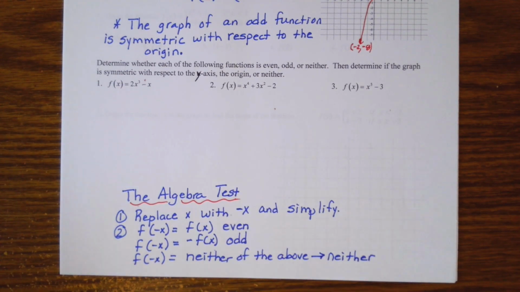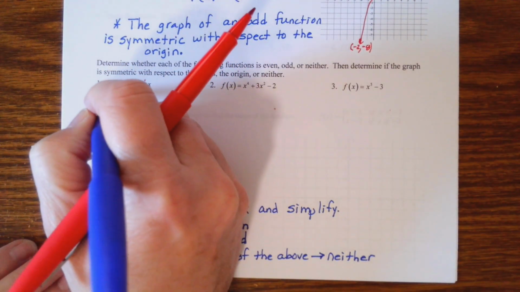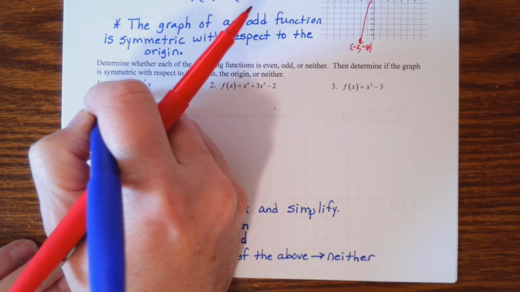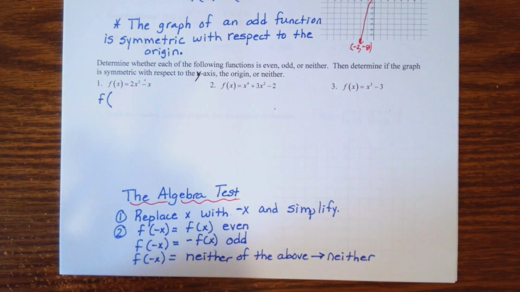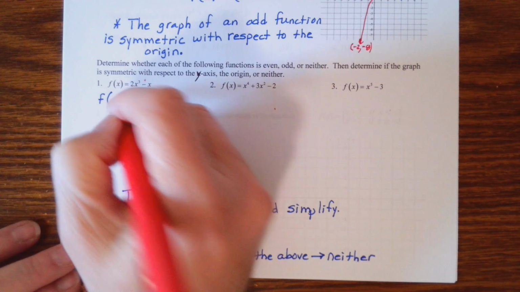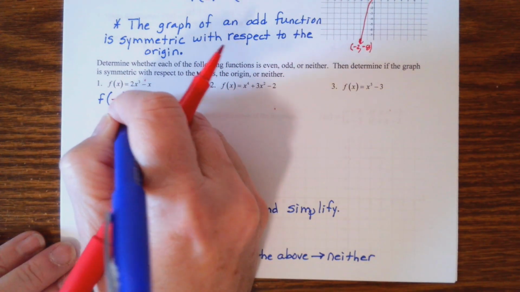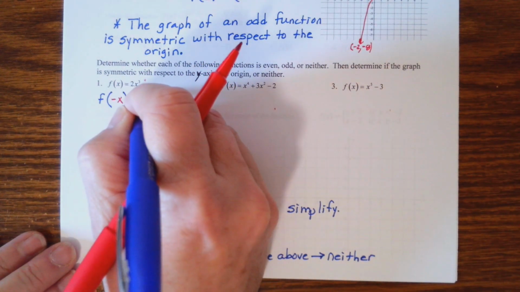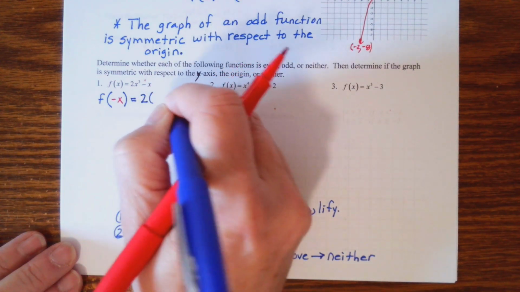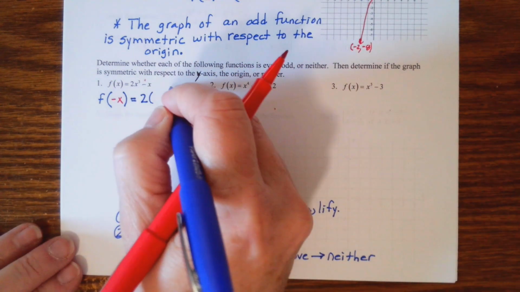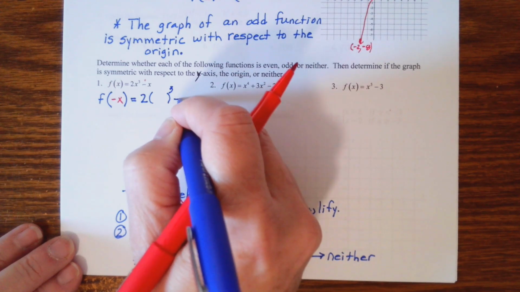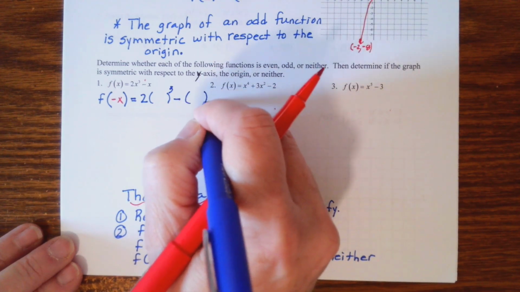So let's do the first one. And again, we're going to put in negative x. So here is f of negative x is equal to 2, and then I'm going to put parentheses, where my x's are, minus parentheses.